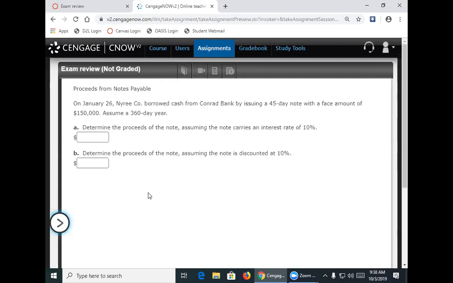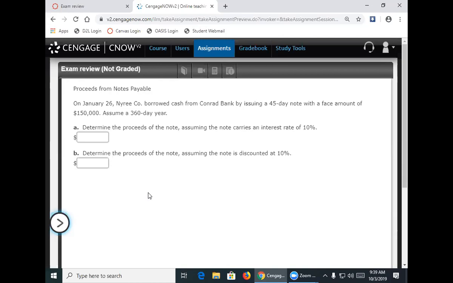This first one talks about one of the multiple choice ones too. As you can see, the first example says proceeds from notes payable. Well, what does it mean when I say proceeds? Yeah, very good. What we get. So the note proceeds are the amount of money we get when the note is issued. If it's an interest-bearing note, the proceeds are just the face value.